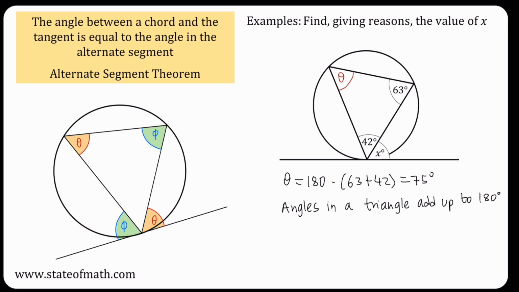Now that we've got that theta is 75, let me annotate my diagram. We can easily conclude that x should also be 75 because we've got the alternate segment theorem. This is the tangent, and this is the angle here in the alternate segment. So x is 75 degrees, and the reason is the alternate segment theorem.